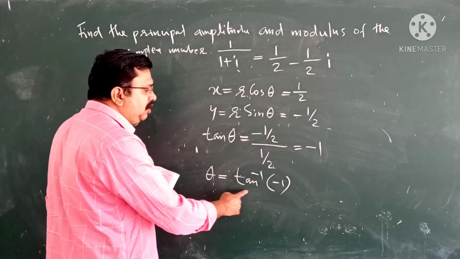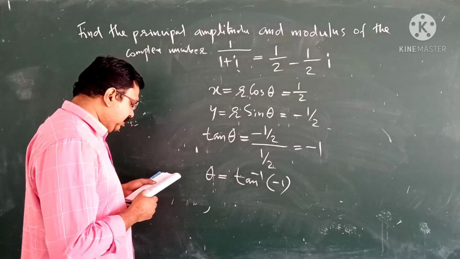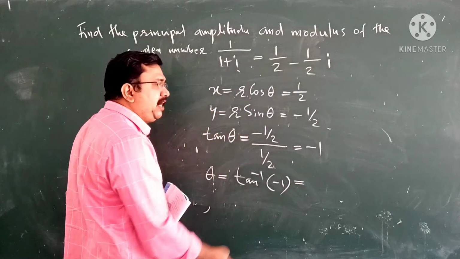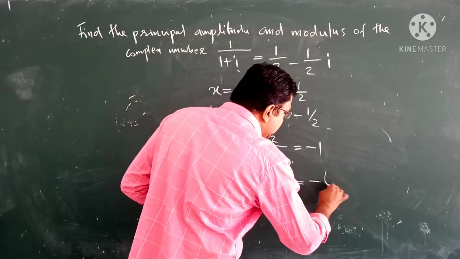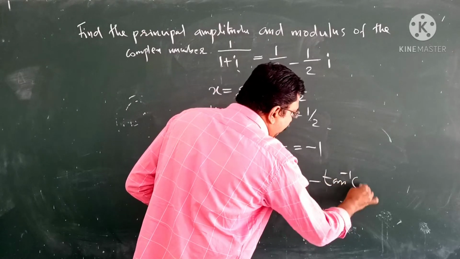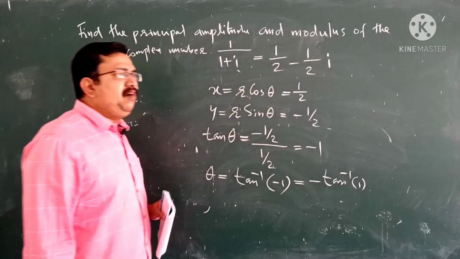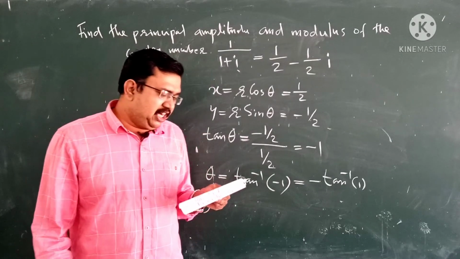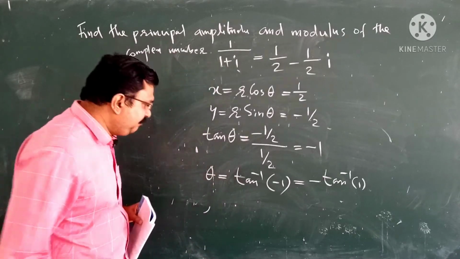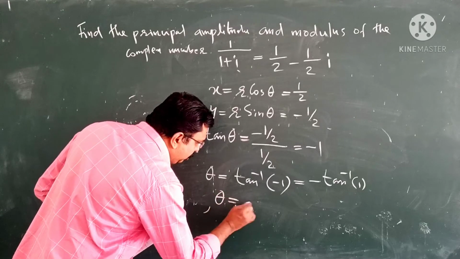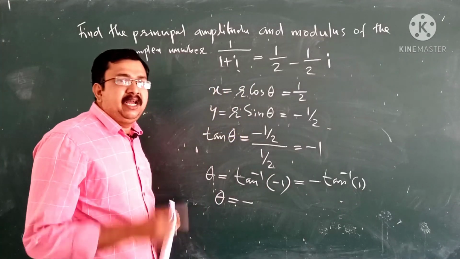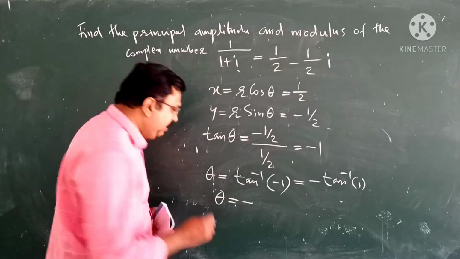Tan inverse minus 1 is minus tan inverse 1. What is the value of tan inverse 1? We know that it is pi by 4. Therefore, theta equal to minus of tan inverse 1, and tan inverse 1 is pi by 4.